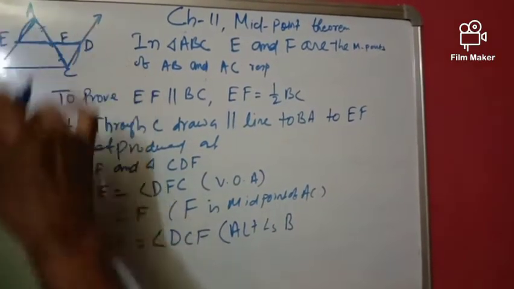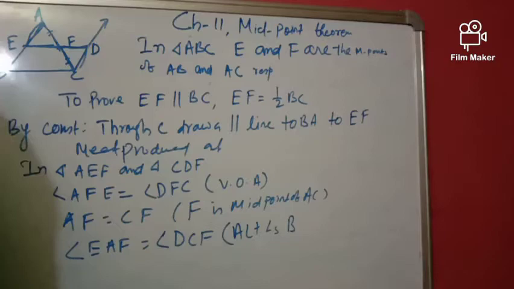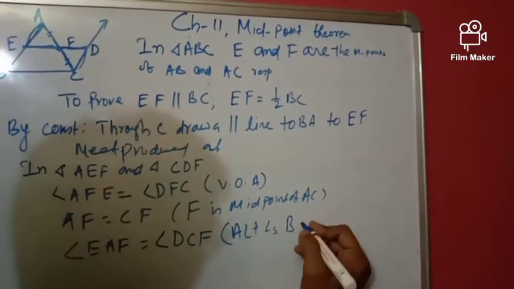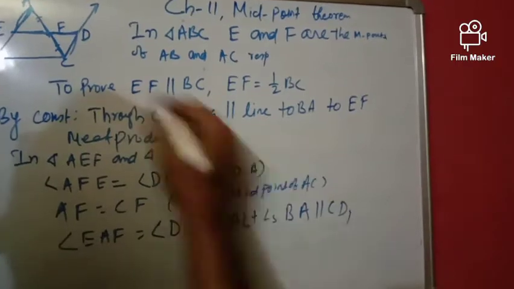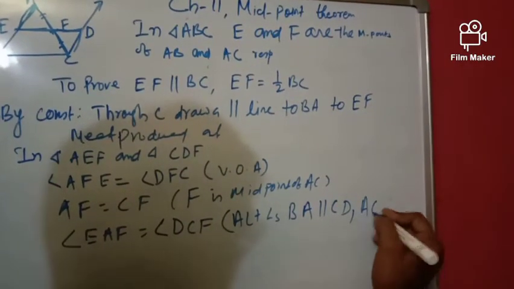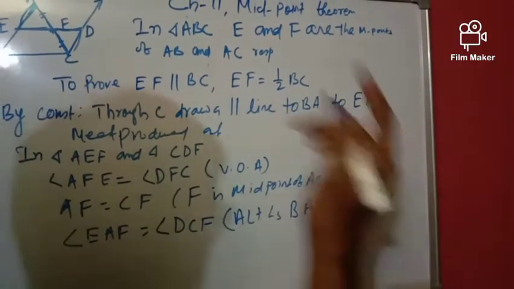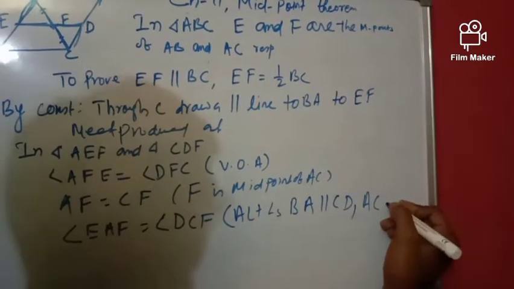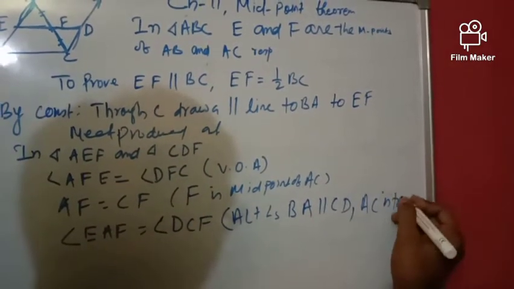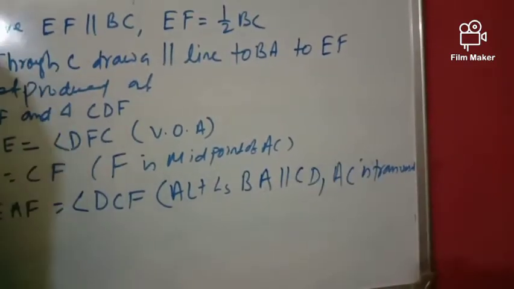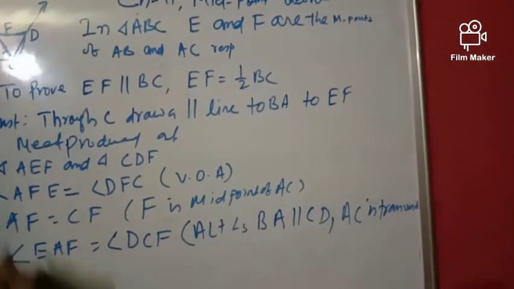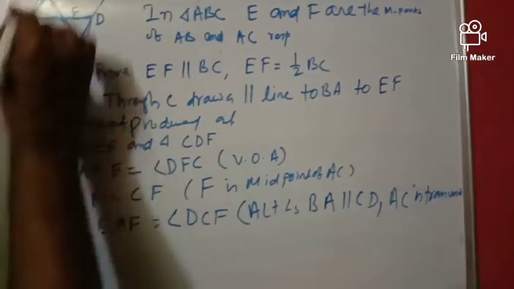Here BA is parallel to CD by construction, and AC is a transversal. I already told this in the introduction.